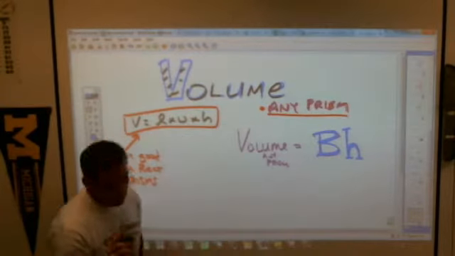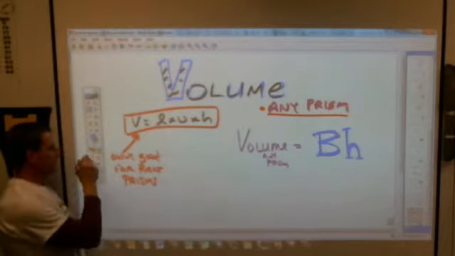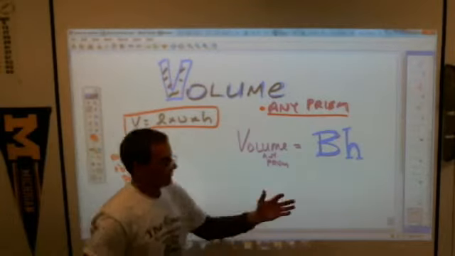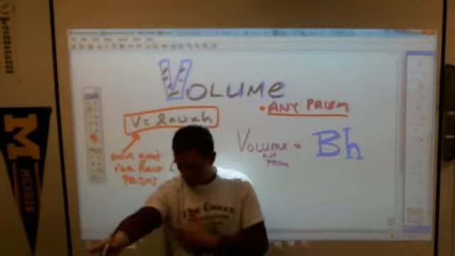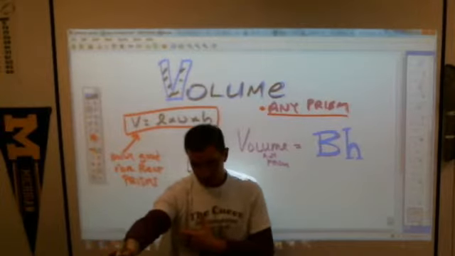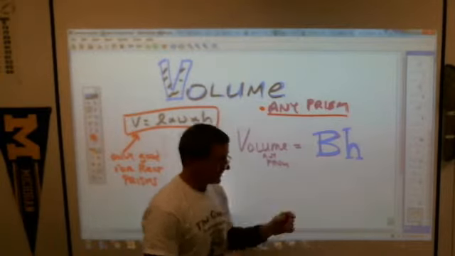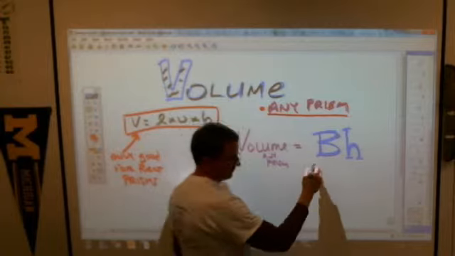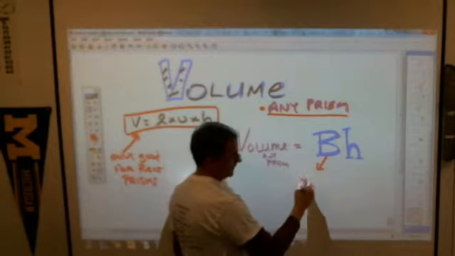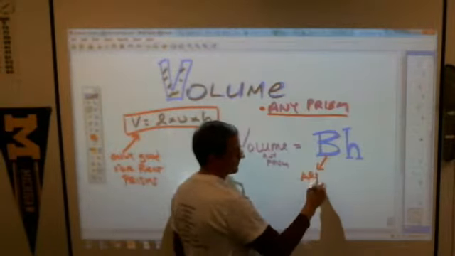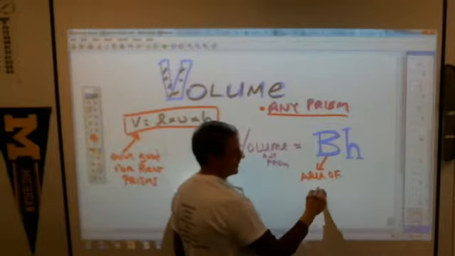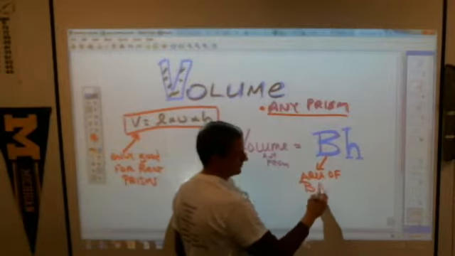The capital B, ladies and gentlemen, you have to get this point here. We've talked about B and H before. We just said B and H have to be perpendicular to each other, and that's true for this too. But in this case, this big letter B stands for the area of the base.